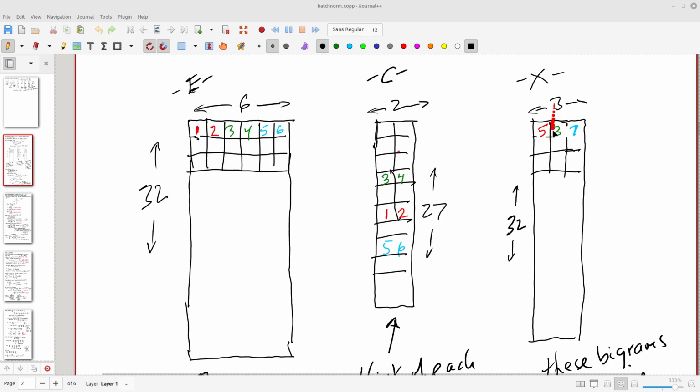And I give you an example here of how we generate E. We just go through the X table one at a time. The 5 here tells us which row to go to. We pull that row out and we put it into the embedded table. We go to the next X, which is 3. We go to row 3. We pull out row 3 and we put it into the next available slot on the embedded table.